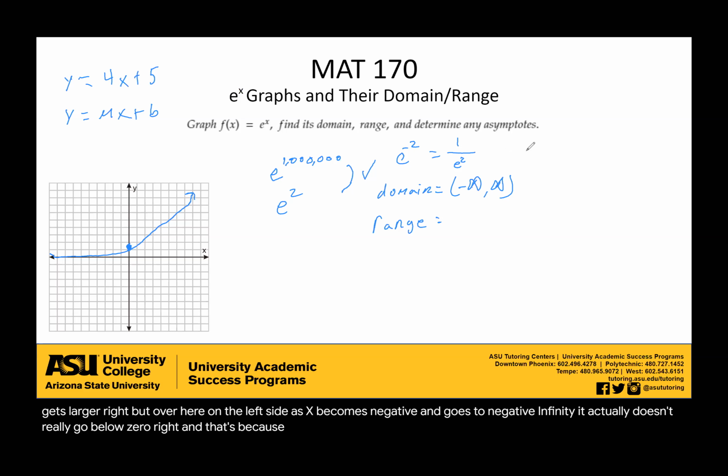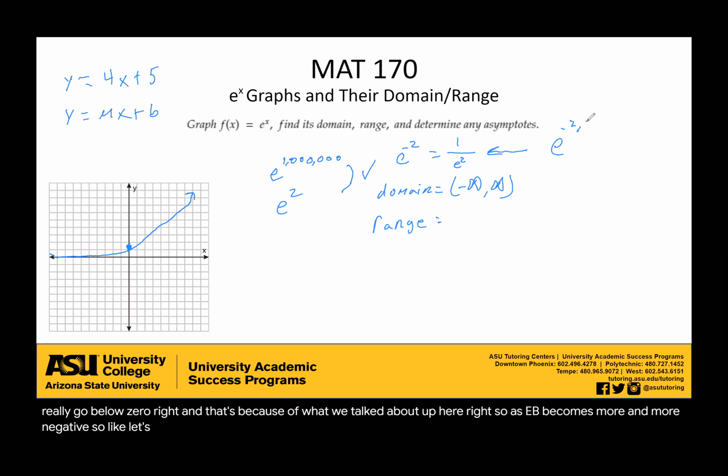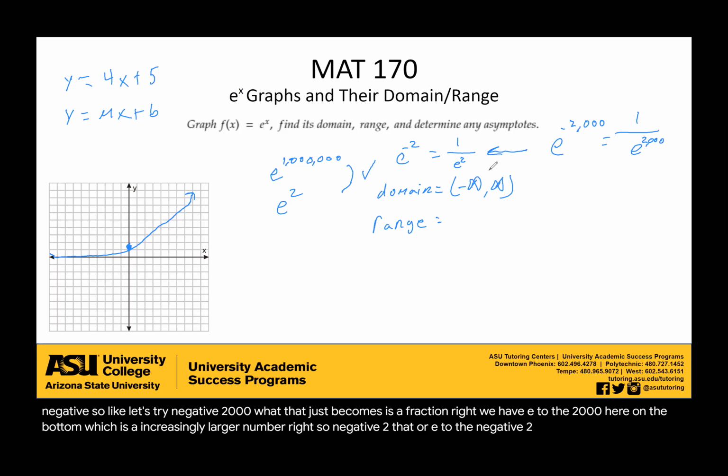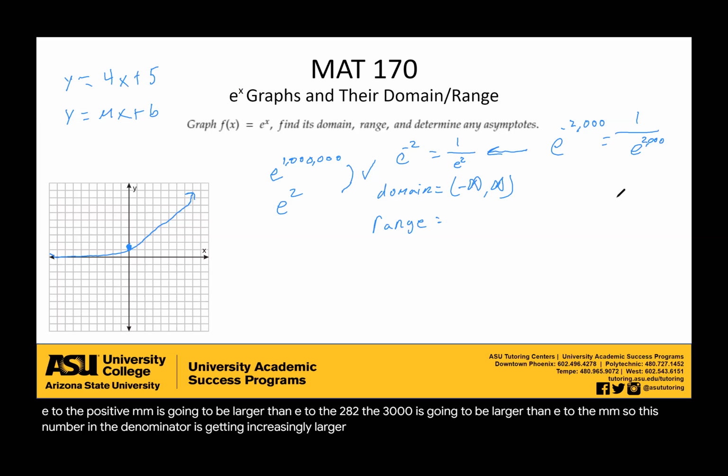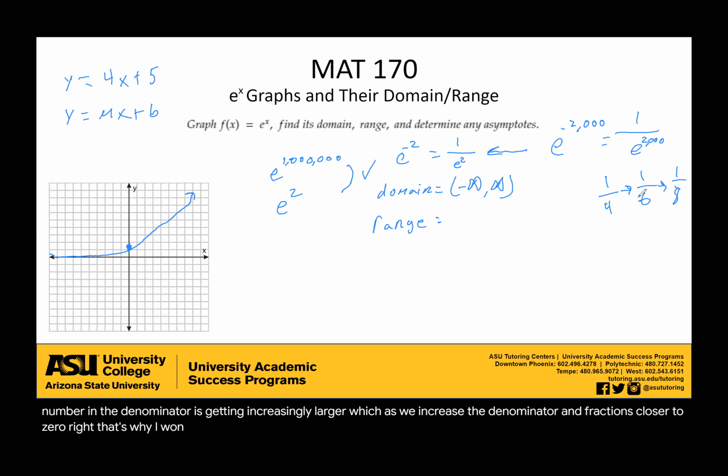As x becomes more negative, like negative 2000, what that becomes is a fraction with e to the 2000 on the bottom, which is an increasingly large number. e to the 3000 is larger than e to the 2000. As we increase the denominator in a fraction, we get closer and closer to 0. That's why 1/4 is greater than 1/6, which is greater than 1/8, but it's all still greater than 0.